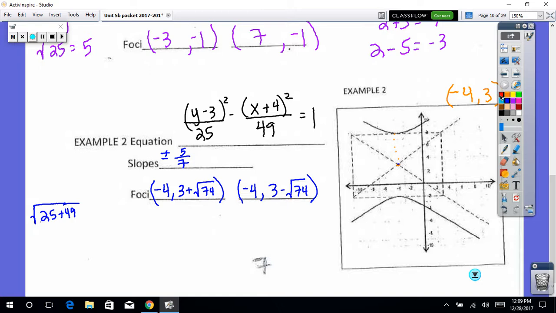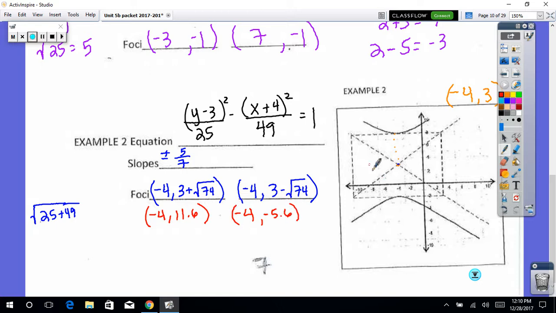Okay, for those of you that are wanting to graph it, that's going to be at -4 and for this one, 11.6. And for the other side, it is -5.6.